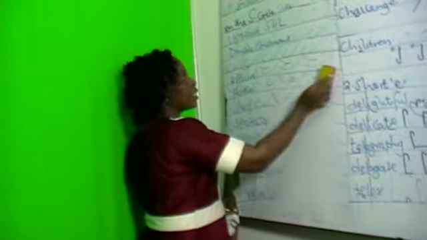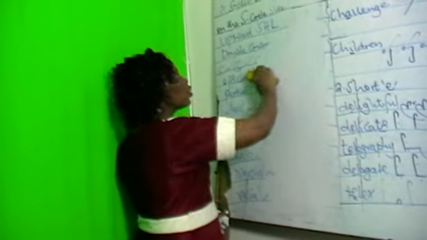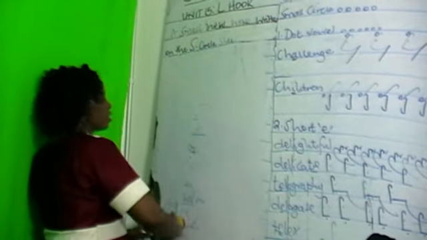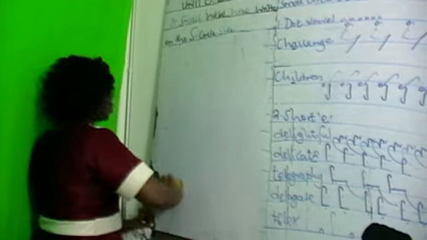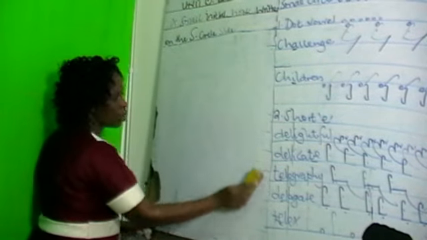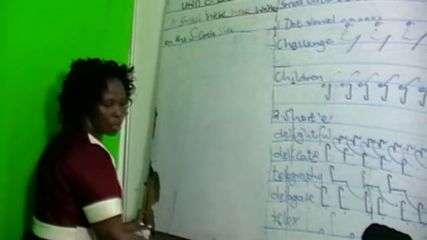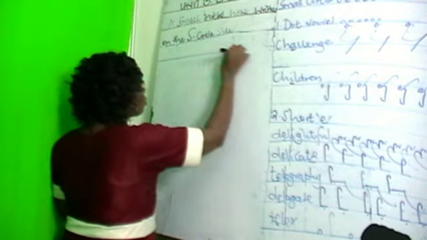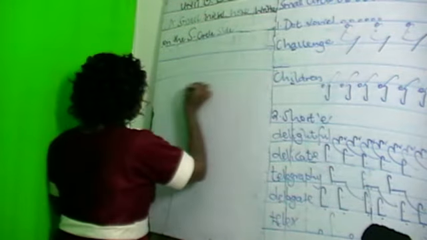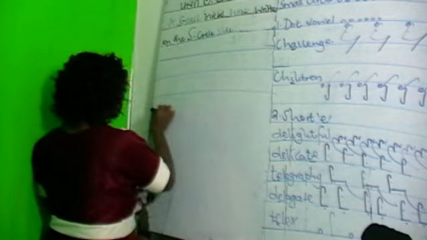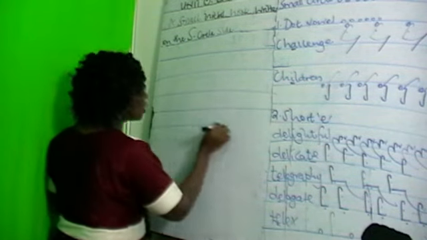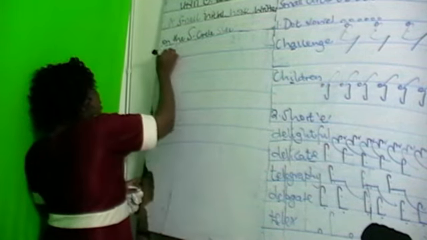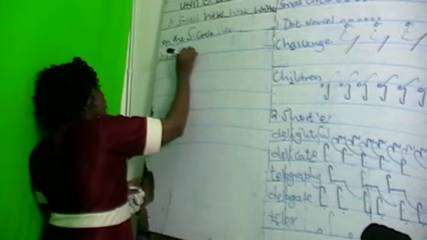Remember, we have said our title is the special use of L hook with vowels. So we are going to look at the last one about the dash vowels. We have seen the dot vowels, and now number 3 is the dash vowels.